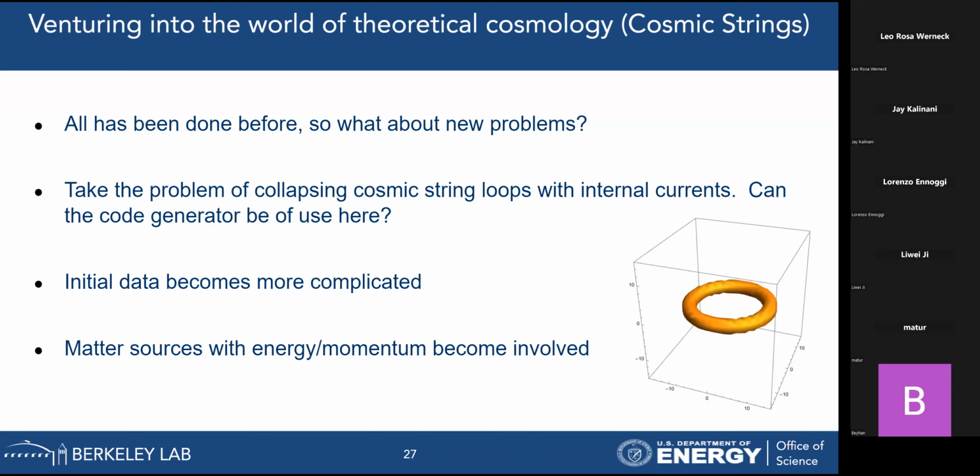And one of my colleagues down in Chile started asking, well, there's this interest in cosmic strings and the waveforms of cosmic strings, in the hopes that we can somehow detect some dark matter candidates through the waveforms that we'd see in LIGO due to the collisions and collapsing of cosmic strings. So we said, okay, let's see if we can do that. Can we make our code generator handle a problem like this?